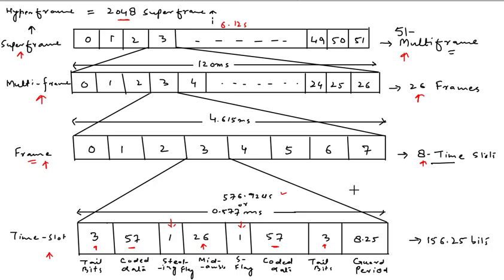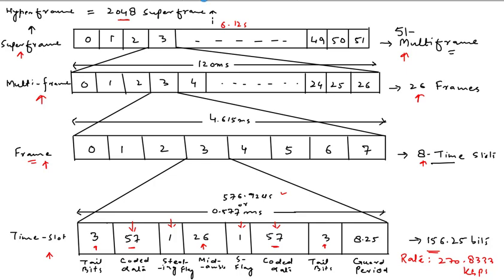We know that in one time slot 156.25 bits are transmitted, and the rate is given as 270.8333 kb per second. In this transmission, we see that instead of 116 bits of information transmission, we are transmitting 114, that is 57 plus 57 bits.